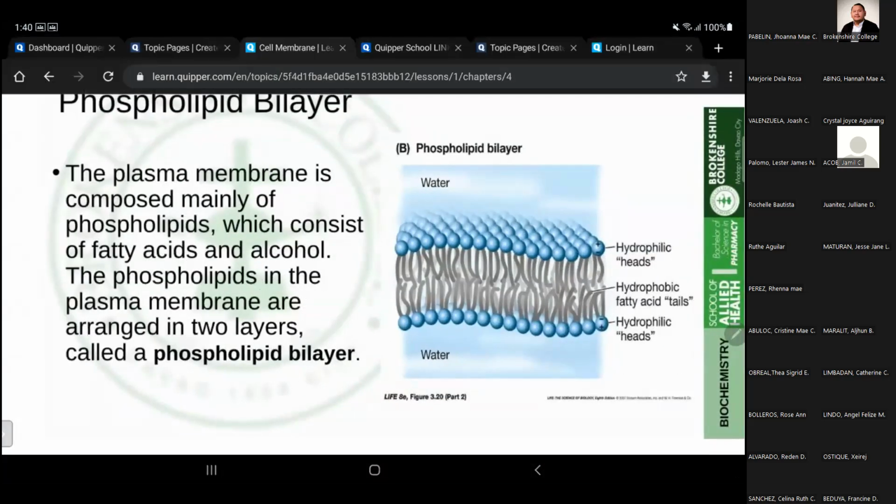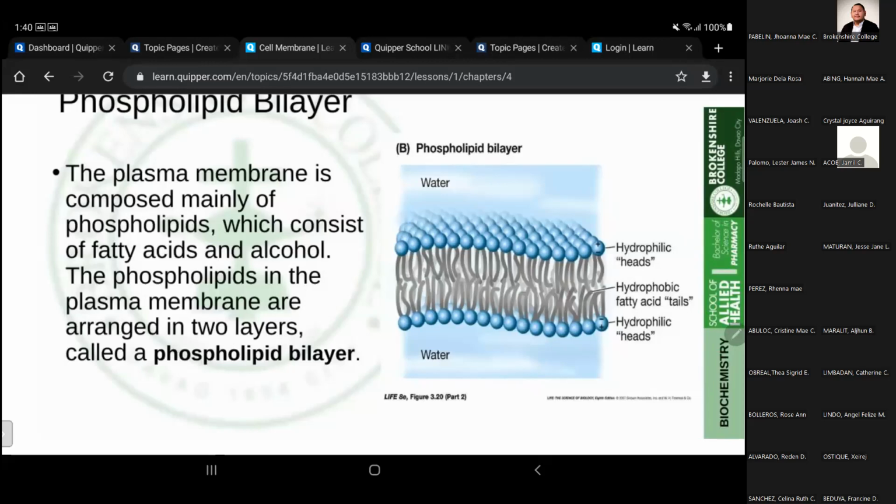Your plasma membrane is composed mainly of phospholipids, which consist of fatty acids and alcohol. The phospholipids in the plasma membrane are arranged in two layers called the phospholipid bilayer.